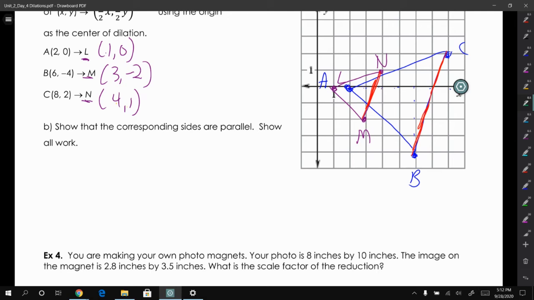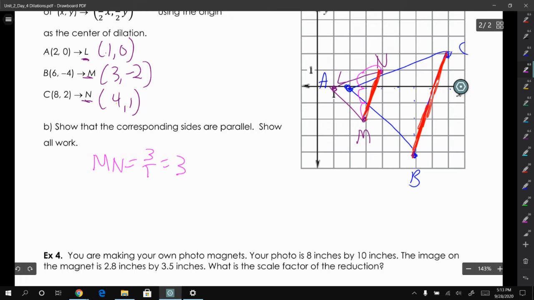Okay, we're going to show that the corresponding sides are parallel, and we're just going to do it for NM and CB here. And instead of using the slope formula right now, let's just count. So MN, if we go from M and go to N, we're going up 3 and right 1. So that's 3 over 1, which is 3.